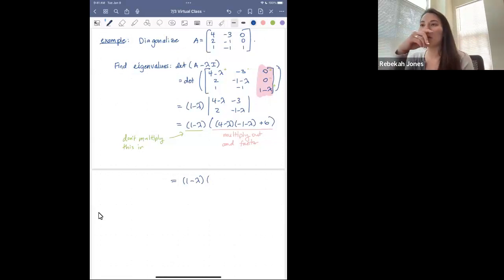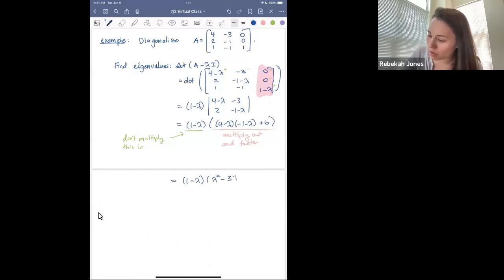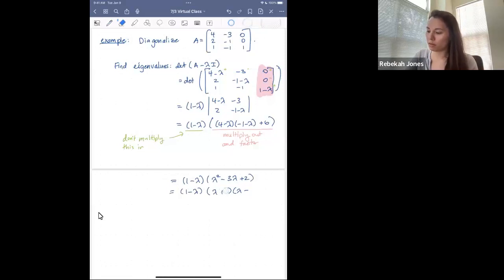Okay, so I'm going to skip over the steps of multiplying this out and simplifying. It's just some simple algebra. This is going to be lambda squared minus 3 lambda plus 2, right? And then this factors nicely into, sorry, lambda minus 2 and lambda minus 1.